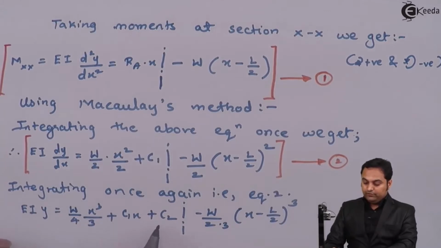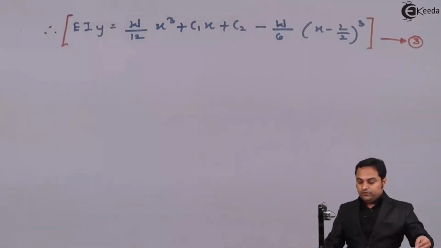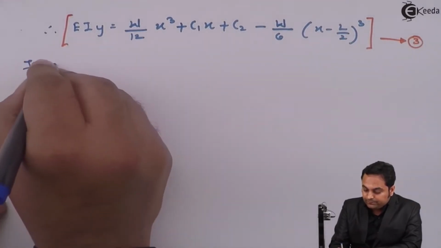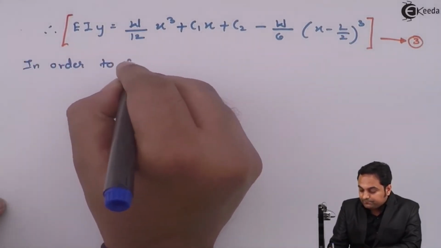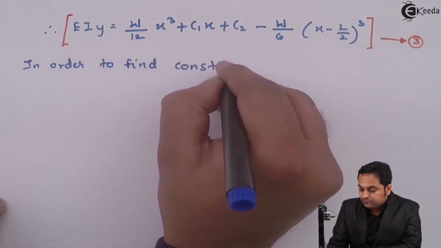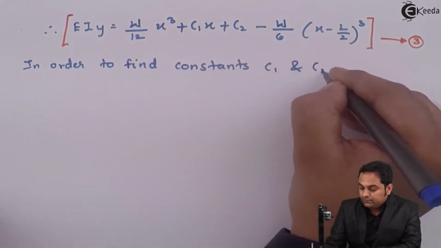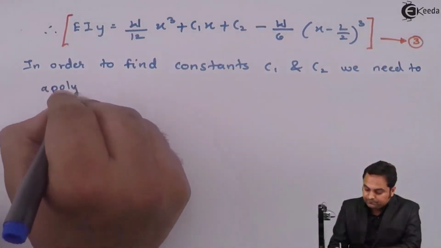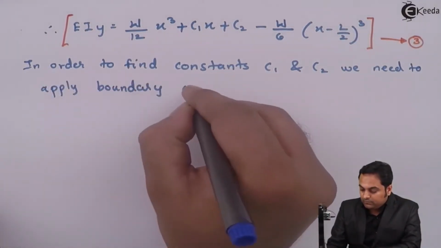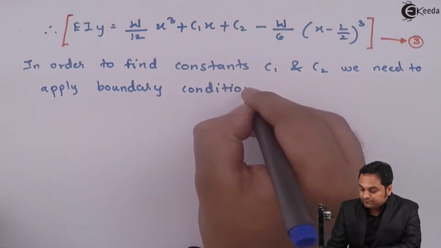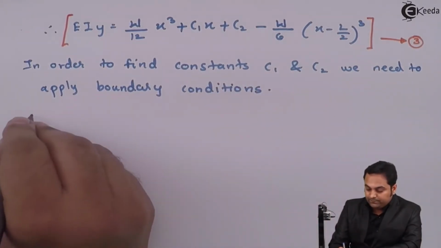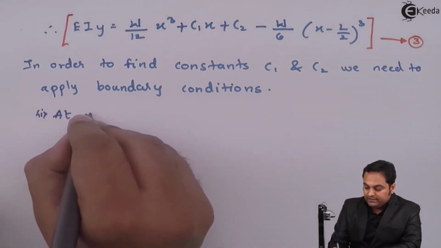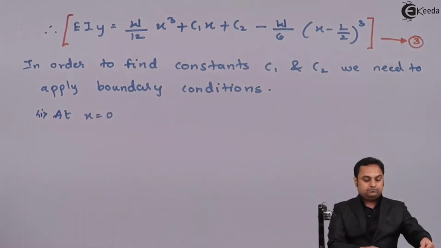Now we need to know the values of constants C1 and C2. So for that, in order to find constants C1 and C2, we need to apply boundary conditions. So therefore, the boundary conditions are at x is equal to 0.